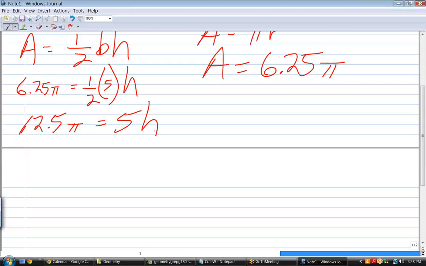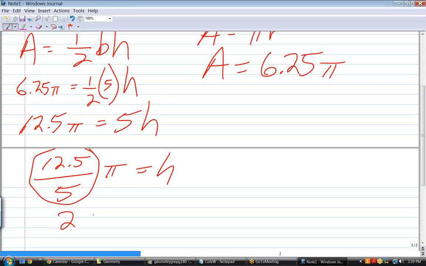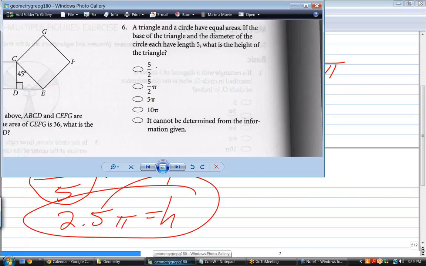What's the next step for solving that equation for h? Divide by 5. So 12.5 pi divided by 5 equals h. That looks like 2.5 to me. Mm-hmm. 2.5 pi should be our answer. 5/2 pi. Okay.